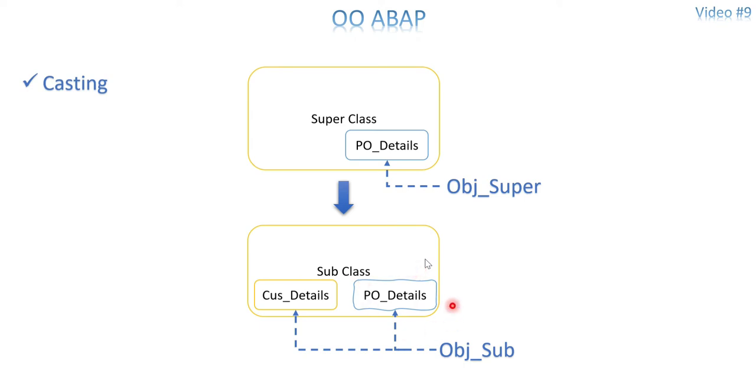For that, what needs to be done? To access this particular information, the superclass object needs the reference of the subclass object. Once you transfer the subclass object reference to the superclass object, then the superclass object is able to call the implementation part of the redefined method.